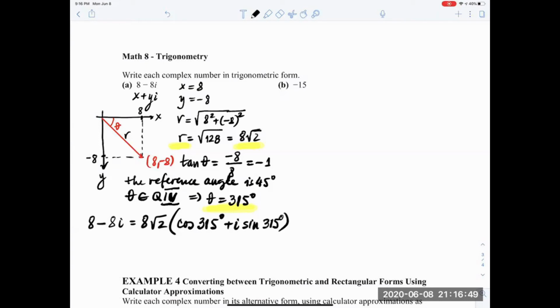If you want to use the short version, you're going to write 8 root 2 cis of 315. So be aware that sometimes they may give you the long format or the short format, and you're going to be allowed to answer either way.